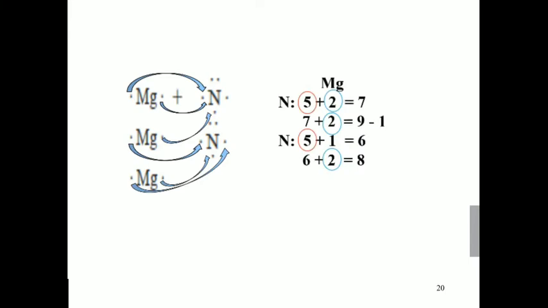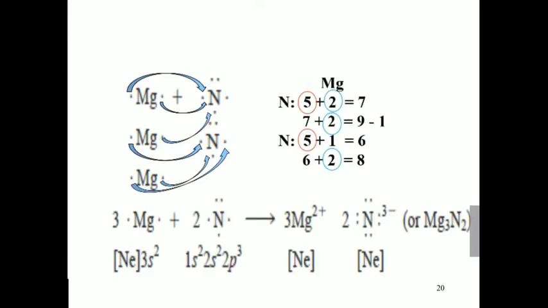So as a result, as a summary in the ionic equation, we have 3 atoms of magnesium losing 2 electrons each to 2 nitrogen atoms, which needed 6 electrons all in all.